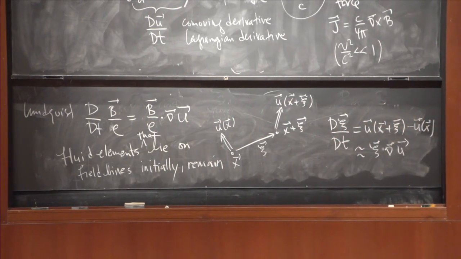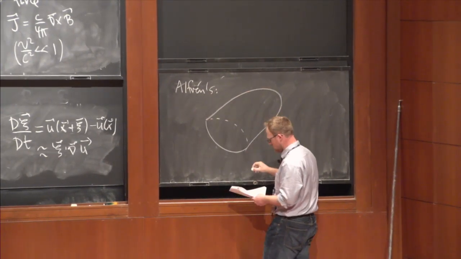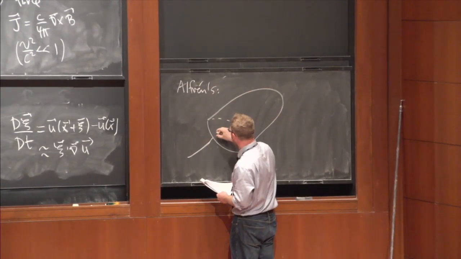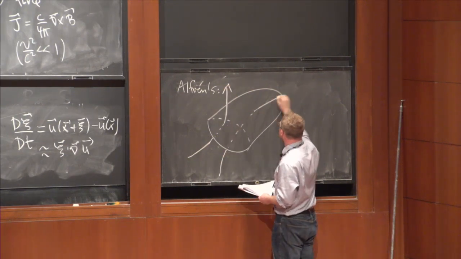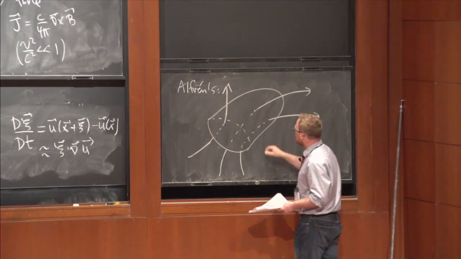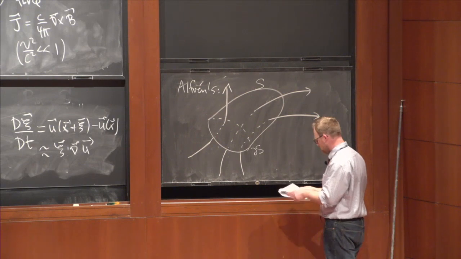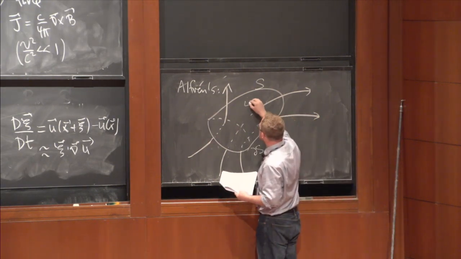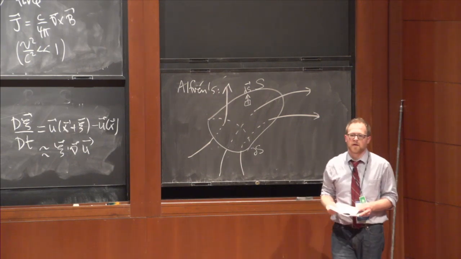So the idea here is that I have some surface. There's some magnetic field lines that thread. So here's some surface S. Here's the boundary of the surface, delta S. There's some surface element there.